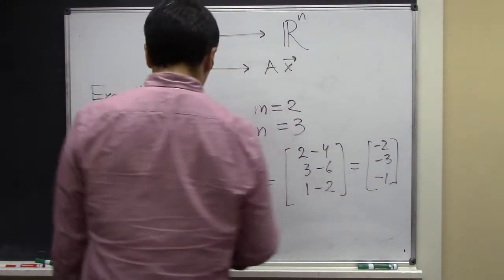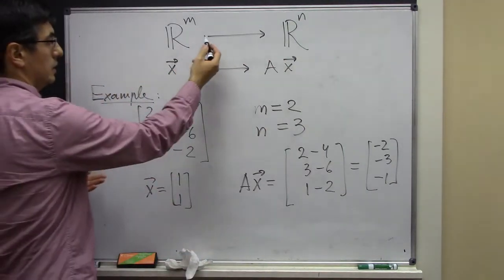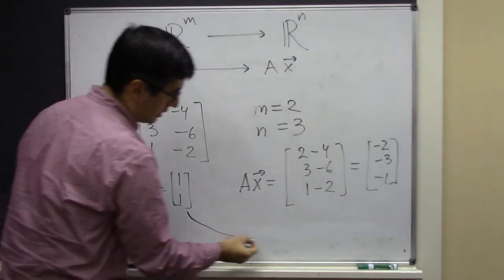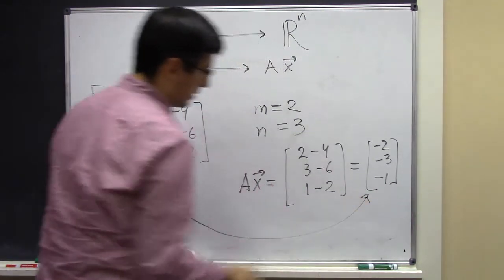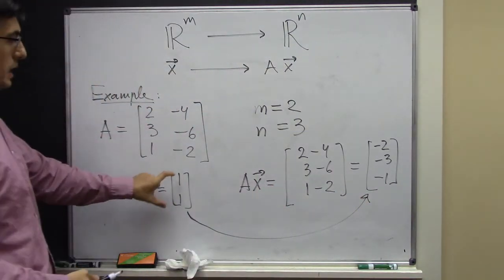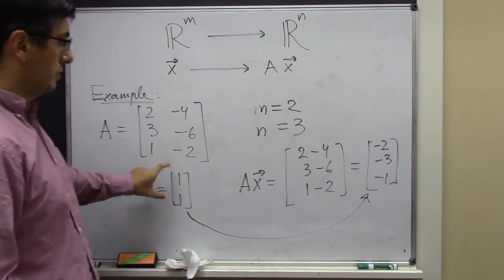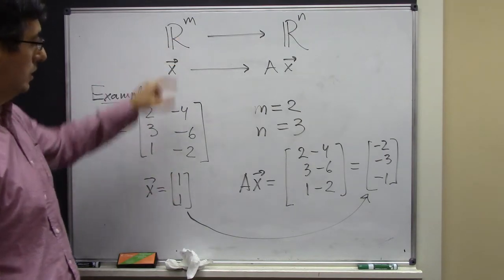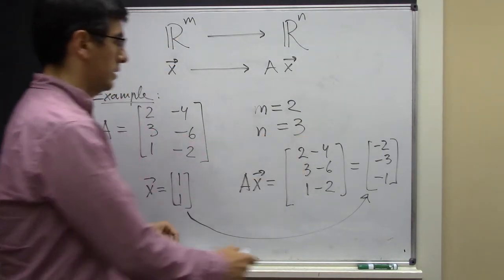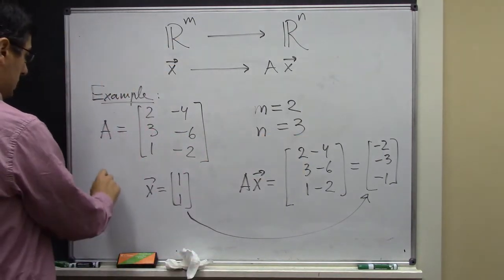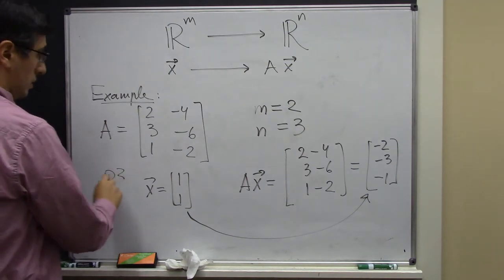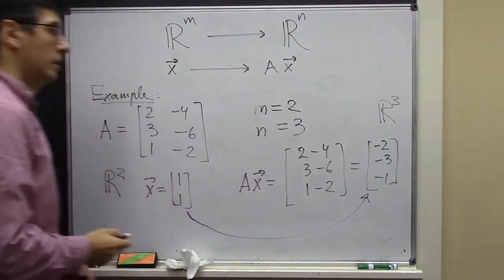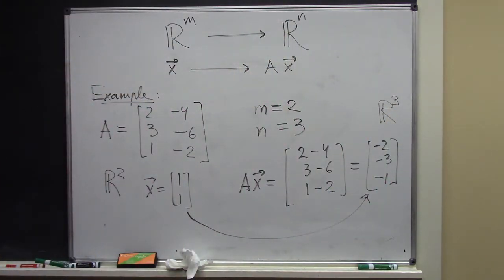Which means this map sends 1, 1, this vector, to that vector. And as you can see, it changes the size of the vector. So it maps a vector in R^2 into a vector in R^3. This is in R^2, but the result is in R^3. It's a size 3 vector.